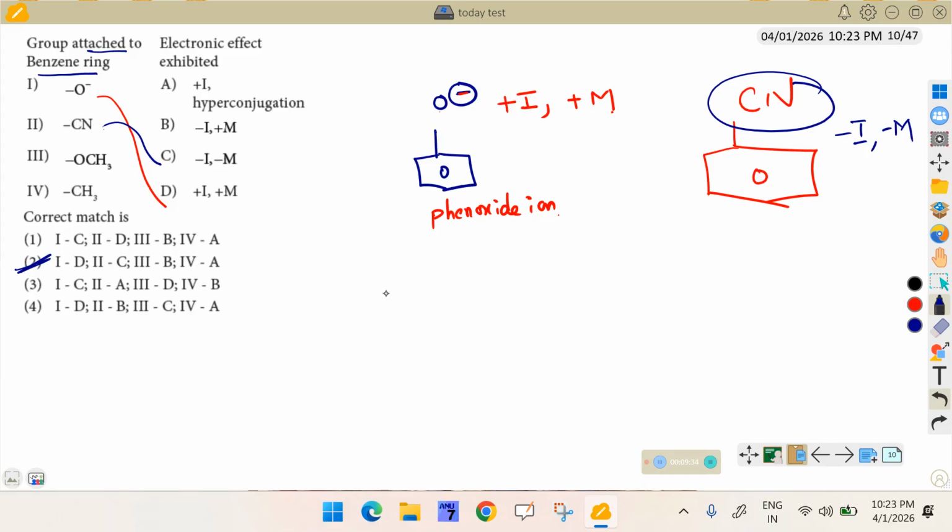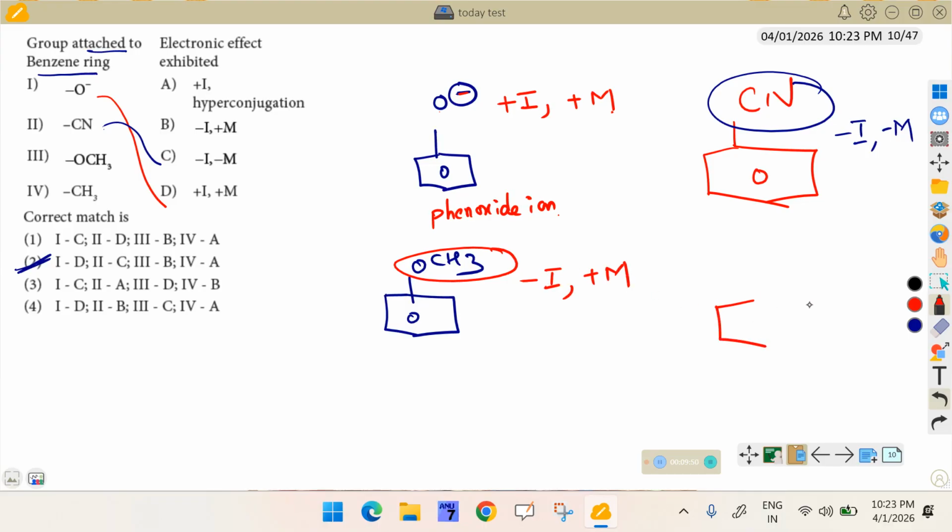You can check. Methoxy group, OCH3 group acts as minus I, plus M. Methyl group. Methyl group acts as plus I group.